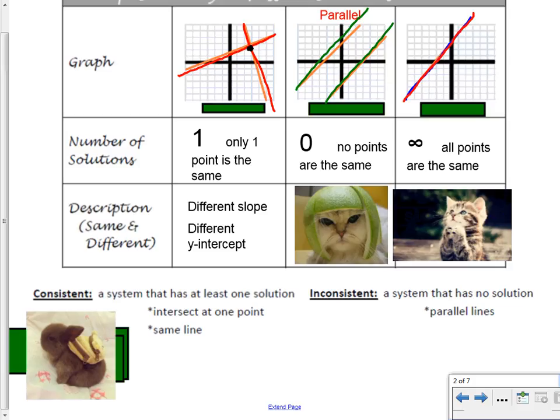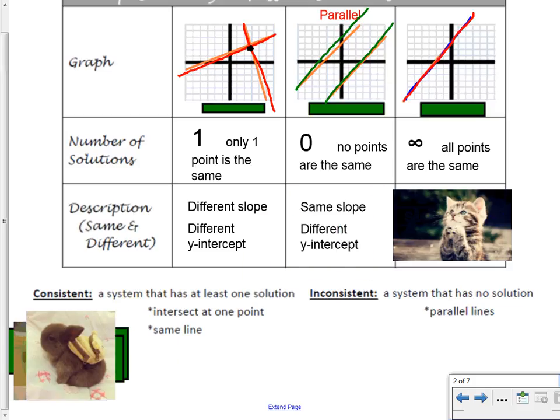Now with parallel lines, they're going to have the same slope and different y-intercepts. We can see up here, they're both going up and over at the same rate, but this one has a y-intercept down here, and this one has a y-intercept up here. So they're hitting the y-axis at different spots, but they're still changing at the same rate.